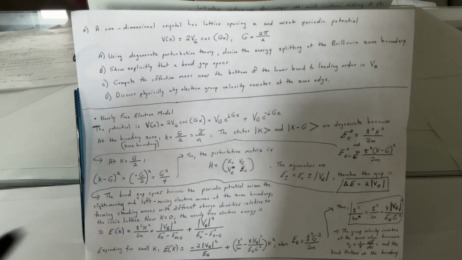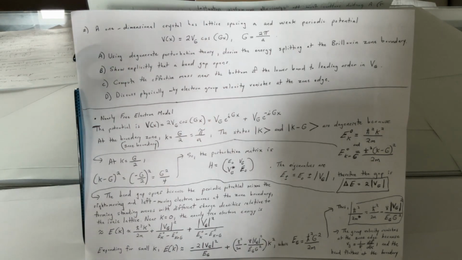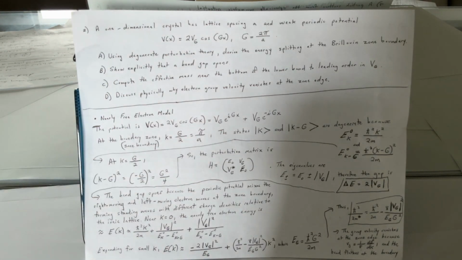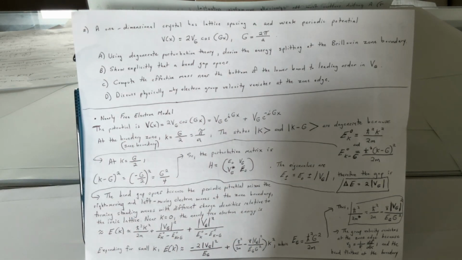Okay, so nearly free electron model, we're given the potential here. At the zone boundary, k is G/2, equal to π/a. The states |k⟩ and |k−G⟩ are degenerate because E_k⁰ = ħ²k²/2m and E_{k−G}⁰ = ħ²(k−G)²/2m, and at k = G/2, (k−G)² = (−G/2)² = G²/4.